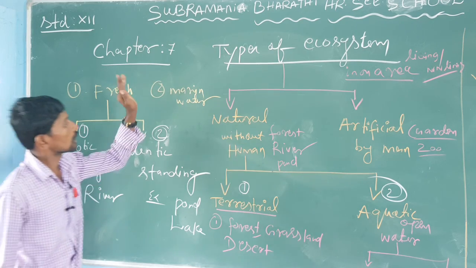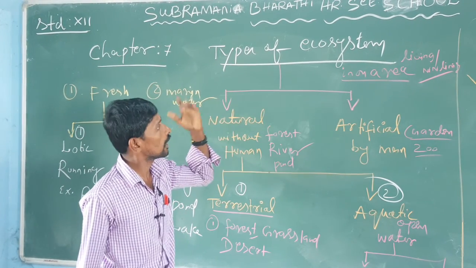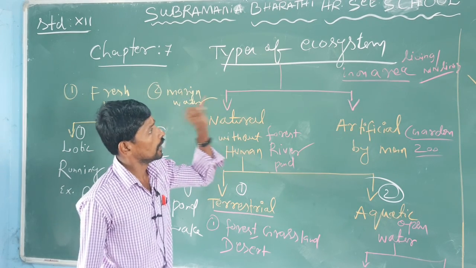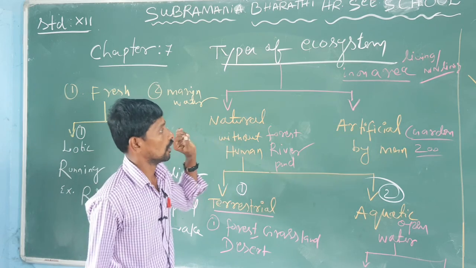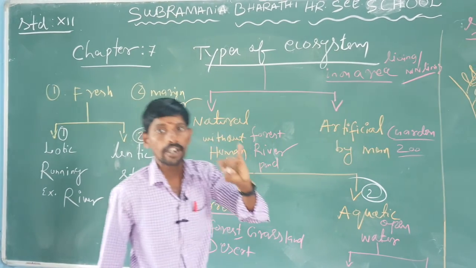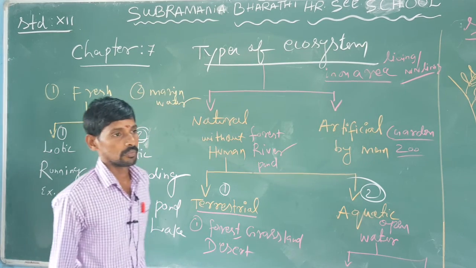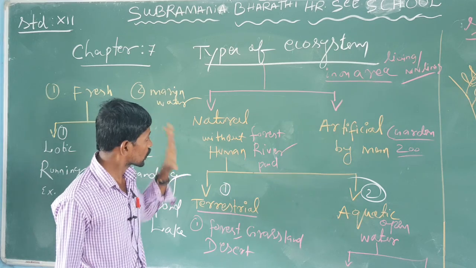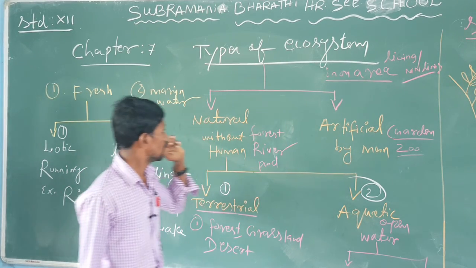The first one, types of ecosystem. What is an ecosystem? The interacting living and non-living things in a specific area. The example is a specific area of the living and non-living things of organisms. They divide the ecosystem into natural and artificial.